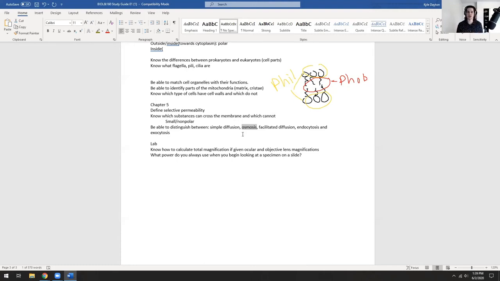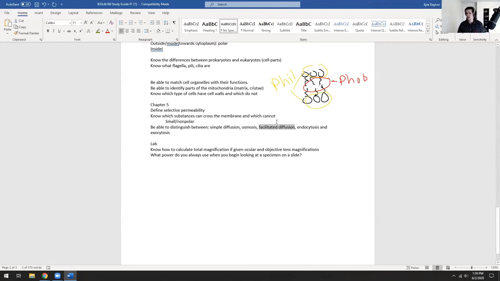Remember, solute is the stuff that is not water, that can be dissolved, such as salt, such as sugars. So if you have more sugar on one side of the phospholipid bilayer, water is going to have the tendency to move towards the place with more sugar or more salt. Facilitated diffusion is where you have special channels in the membranes of cells that allow things that normally wouldn't be able to pass through simple diffusion to pass through.